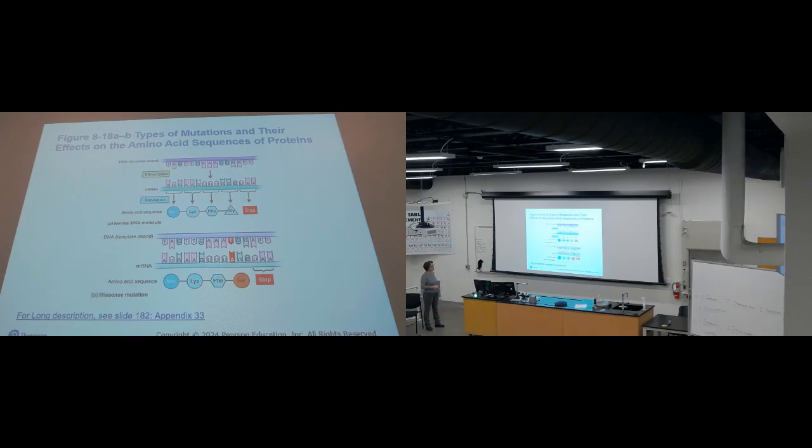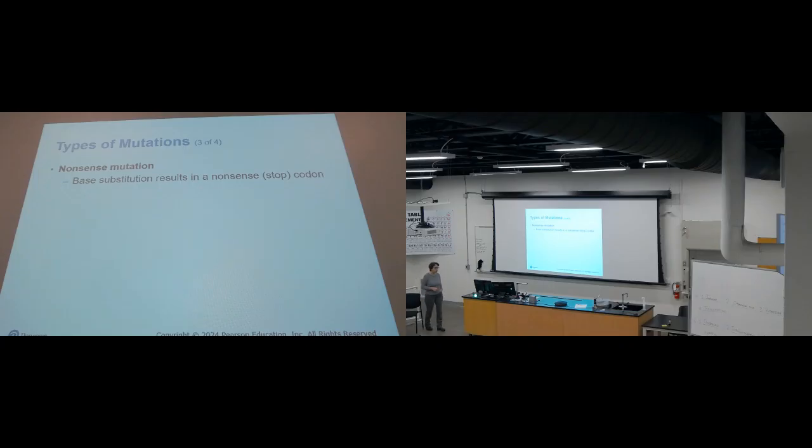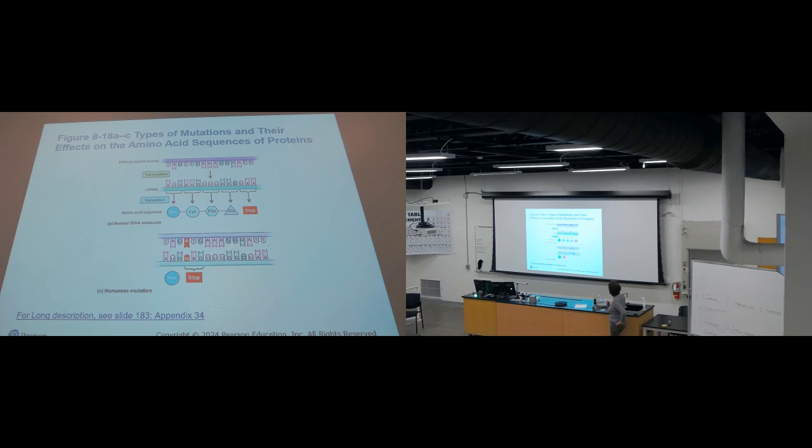So this is a missense mutation, because it's not the same as the previous one in terms of what they're supposed to do. And in nonsense, you have a base substitution that leads to a stop codon.